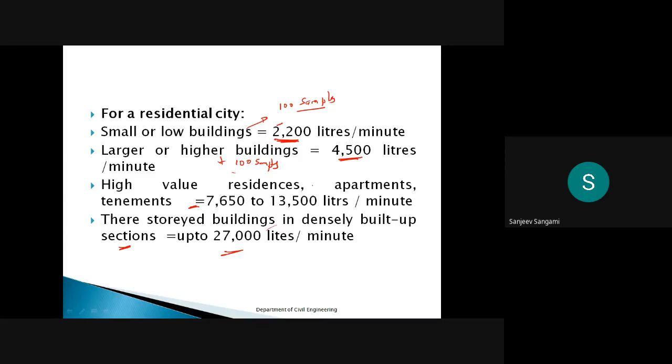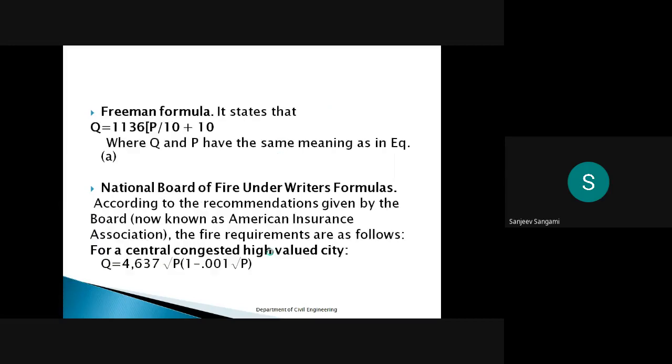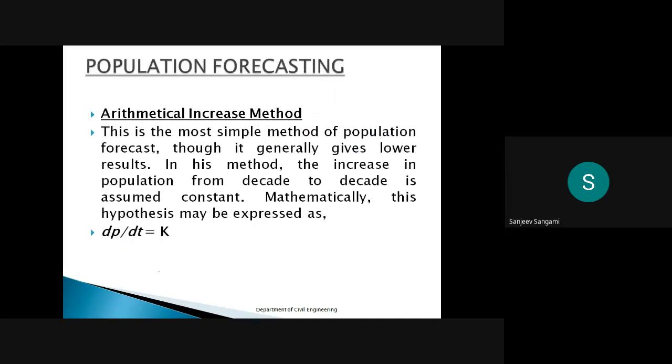Then for high value residences they arrived at this value. Like that, they calculated the samples and arrived at these values. If they ask directly, you can take all these values. Sometimes if they ask you to use the American Insurance Association formula or the National Board of Fire Underwriters formula from the US, then you have to use this formula only, no need to go for the remaining values.